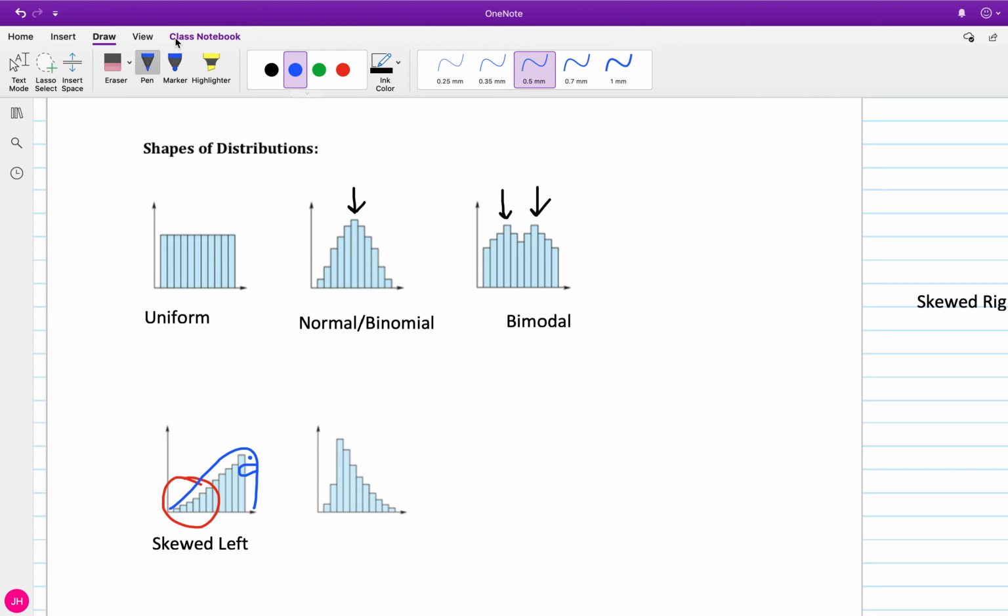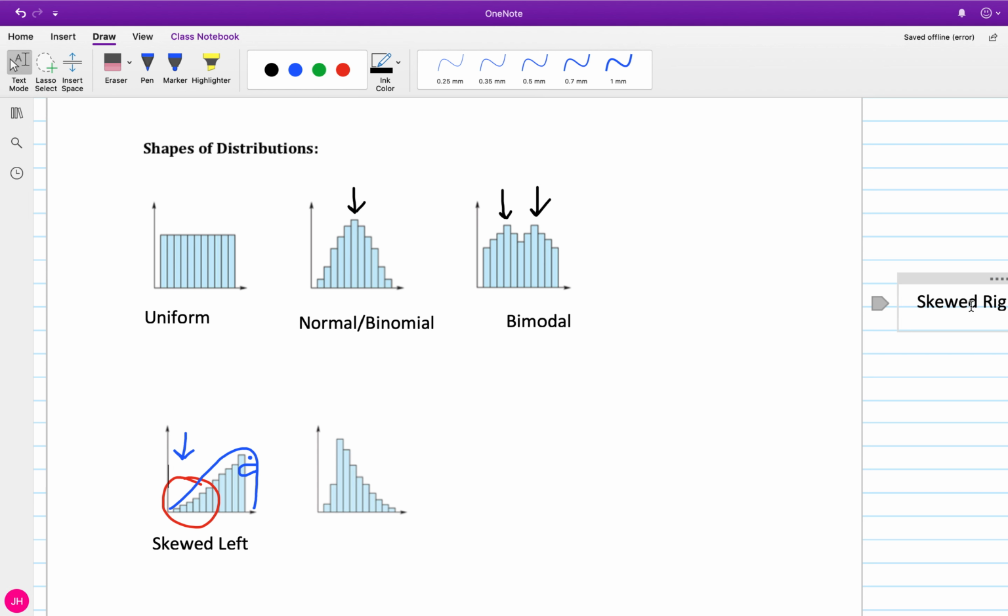So for example, going back to that test that I did with the bimodal, most of the class would be average here, but then we have a student who just really, really bombed the test, made like a 5 or 6. That's going to take my mean, and instead of my mean being in the middle, like it was up here with the normal distribution, my mean's going to get lower down and be more toward the left. So that's why it's skewed left. That tail is pulling the mean down.